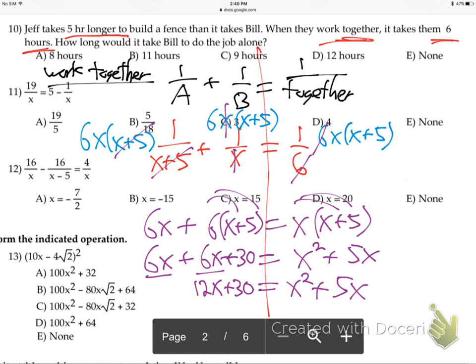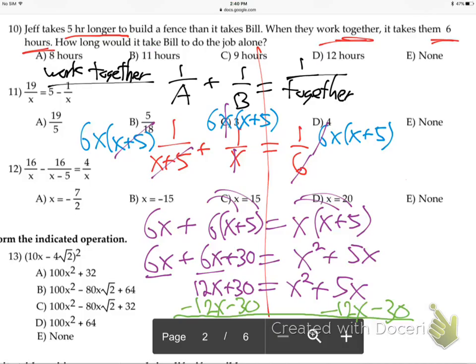All right, so let's do it. So that means go minus 12x minus 30. And whatever you do to one side, you got no choice, do the same thing to the other. Minus 12x minus 30. I'm running out of room again here, so I'm going to go to my fresh screen. We've got 0 equals what?